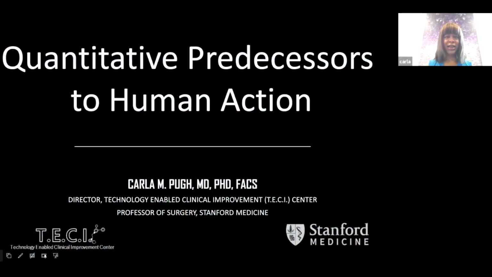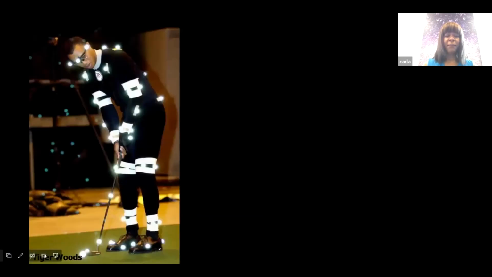I'm going to talk about predecessors to human action. And I think when we think about this globally in terms of building virtual environments and experiences that replicate what we experience in the real world, I'm very thoughtful that there is a fair amount of work and data in terms of studying human behaviors in the real world that help to shape some of the work that's done in virtual environments.